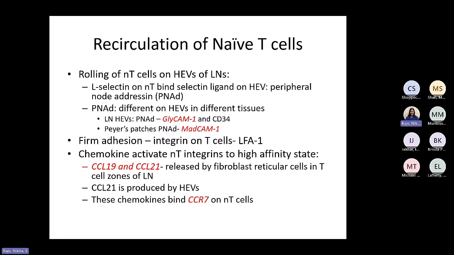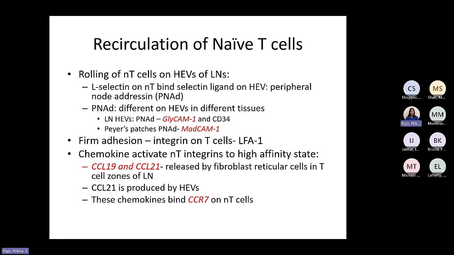So the HEVs have these particular selectin ligands that are specific for L-selectin. Those selectin ligands on HEVs can differ based on the type of lymphoid tissue, such as in lymph node, that peripheral node addressin can be GlyCAM-1 or CD34. In Peyer's patches in the GI tract, that could be MAdCAM-1. All right, so that's selectin binding to selectin ligands.